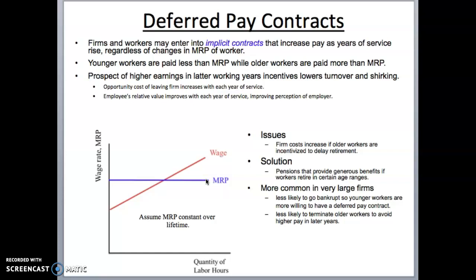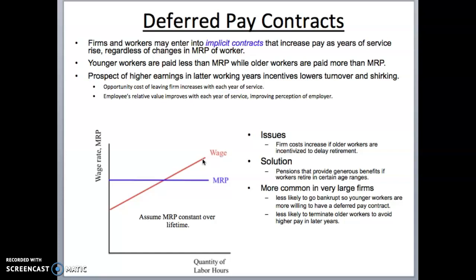Well, the young person says, yeah, I'll take a low wage and I'll produce a lot for this company, but I want to be assured that over time, my wage is going to go up, and at some point, I'm going to be that old guy that gets to come in and sit around and not really produce much. So that's the type of situation where a lot of workers are attracted to deferred pay contracts.